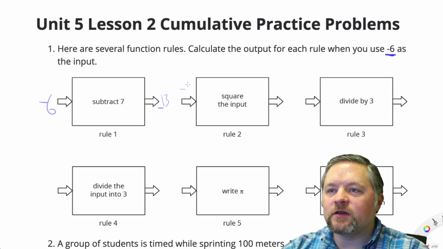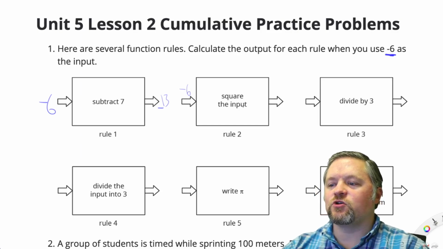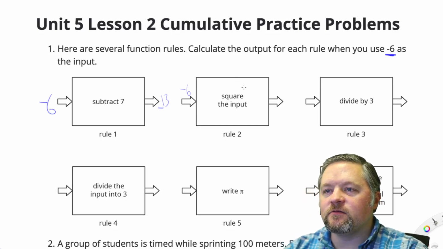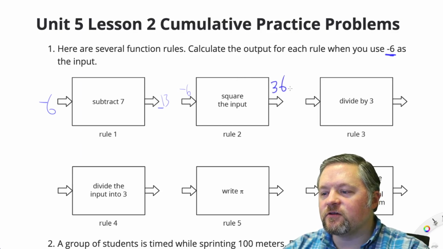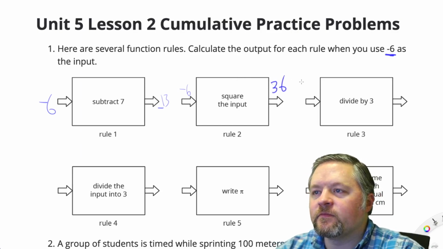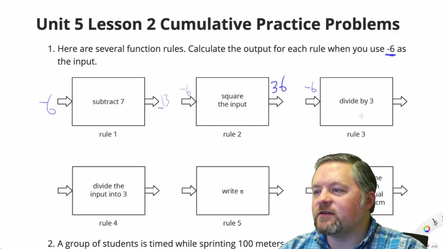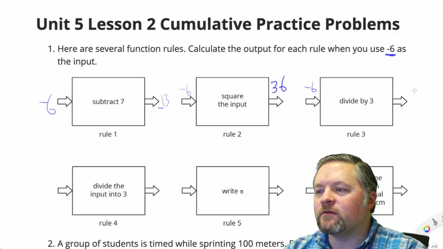If we input negative 6 here, square the input. Negative 6 squared, negative 6 times negative 6 is positive 36. If we plug in negative 6 here and divide by 3, negative 6 divided by 3 is negative 2.